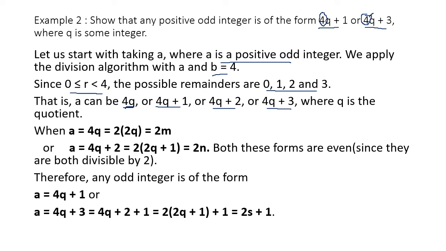So remember why we got 4 numbers here. In the previous example, we only had 2 numbers, 2q plus 0 and 2q plus 1. It was because b was equal to 2. Here b is equal to 4, so we have 4q plus 0, 4q plus 1, 4q plus 2 and 4q plus 3. In the same way, if b is equal to 6, then you will have 6q plus 0, 6q plus 1, 6q plus 2, 6q plus 3, 6q plus 4, 6q plus 5.